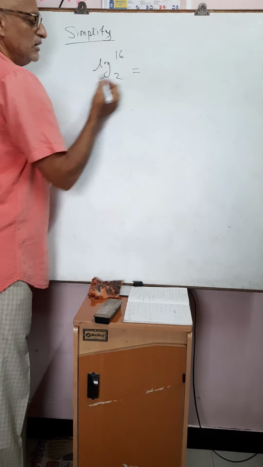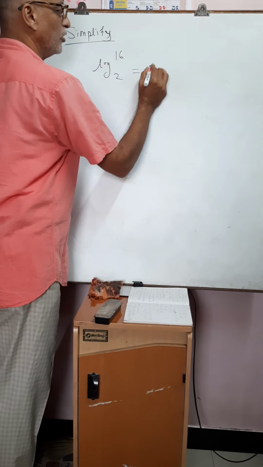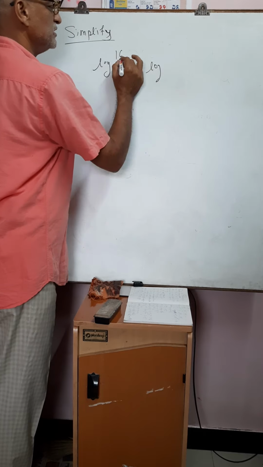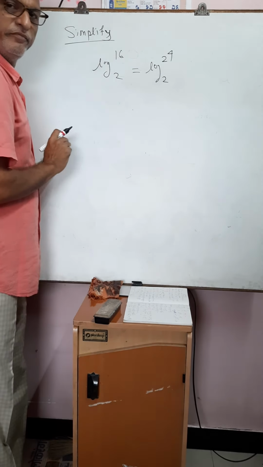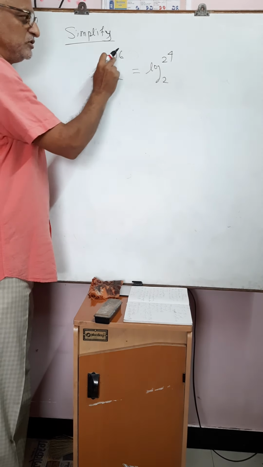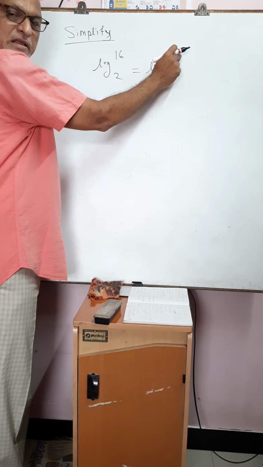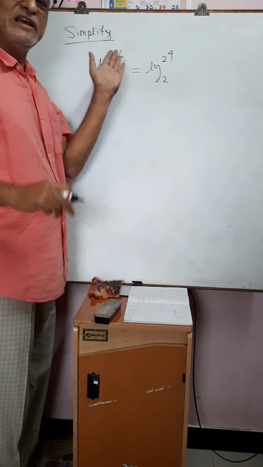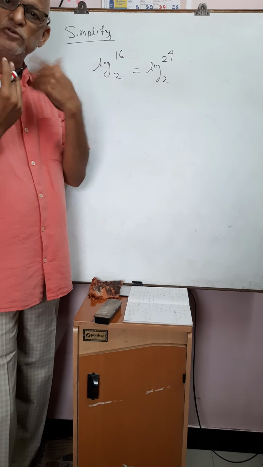What is 16? 16 can be written as 2 raised to 4. So this can be written as log of 2 raised to 4 to the base 2. I have not changed anything, it is as it is, I have only written 16 in the form of 2 raised to 4. Actually you can write 16 as 8 into 2, that's correct. 4 into 4 is also correct. 16 can be written as 4 square.